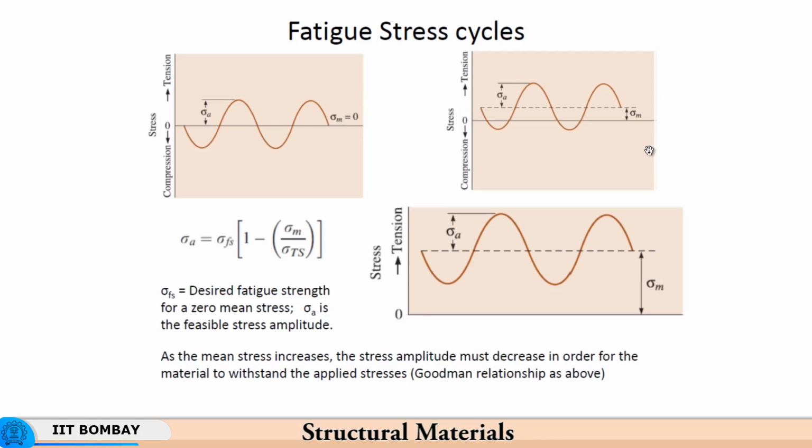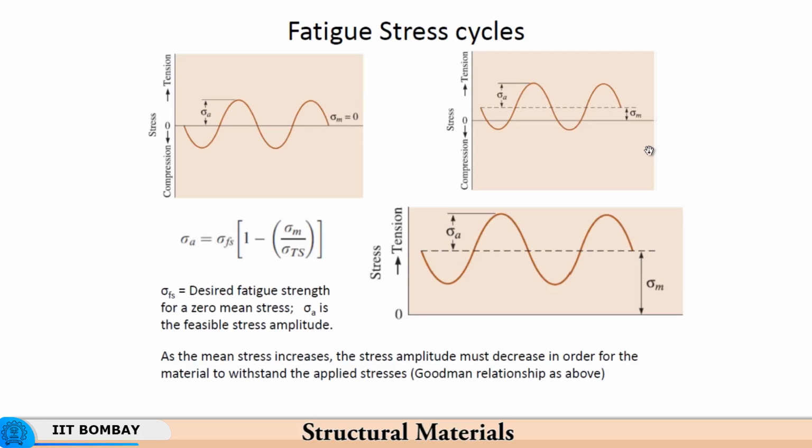So, at that time the corresponding sigma Fs can be determined from this kind of formula. So, sigma Fs, desired fatigue strength, is for a 0 mean stress. Sigma A is the feasible stress amplitude. So, it makes sense because if you have sigma m equal to 0, then sigma A is the sigma Fs.